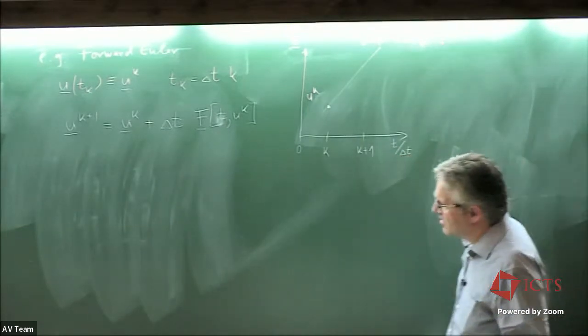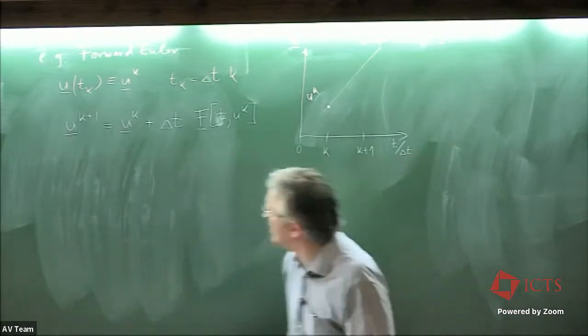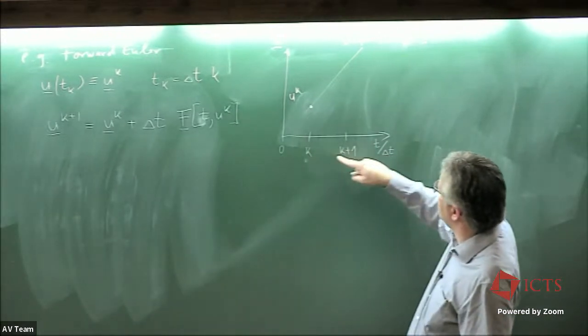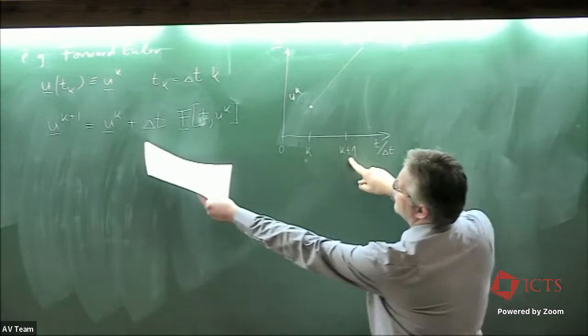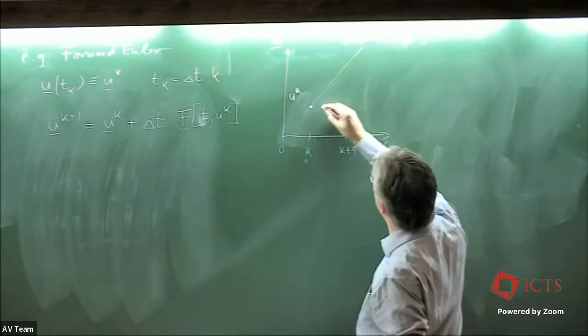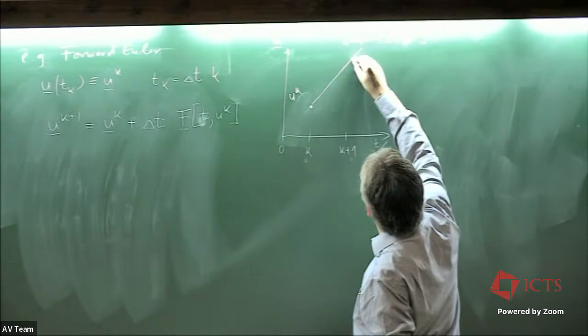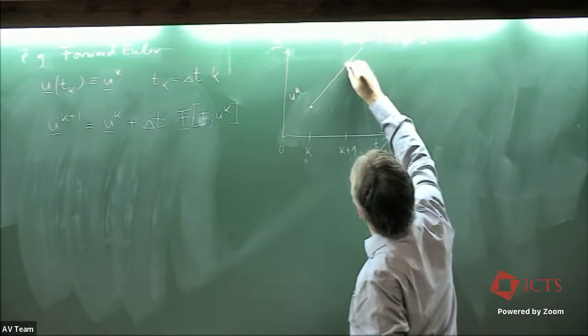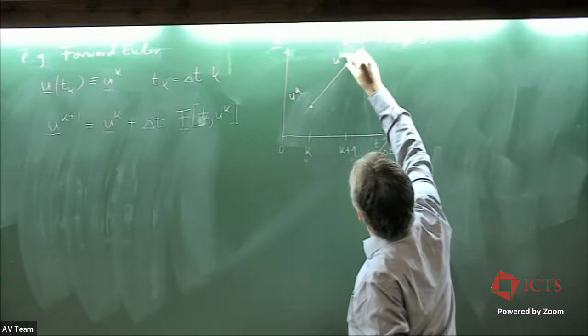Now forward Euler is very trivial. I'm going from k to k plus 1, just proportional to the slope. I'm simply going along the slope all the way up here until I have uk plus 1.